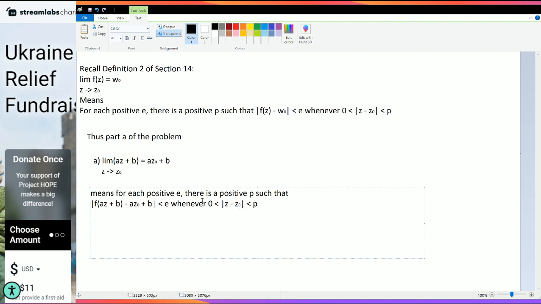And we just want to double check that this is exactly what our problem means. So we substitute in f of z.